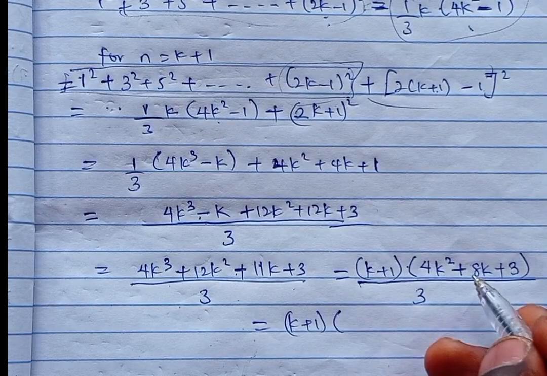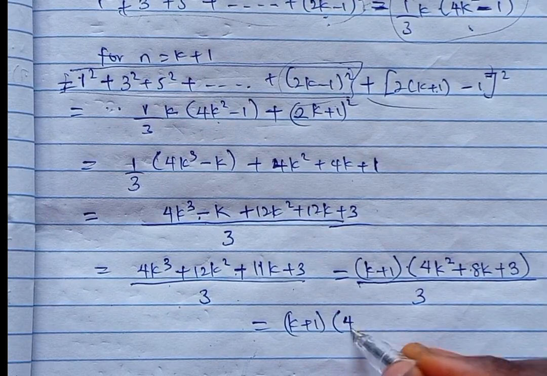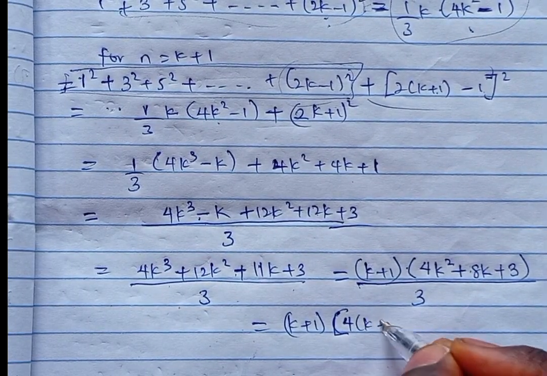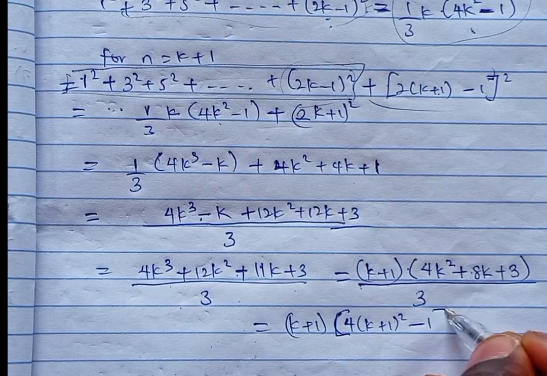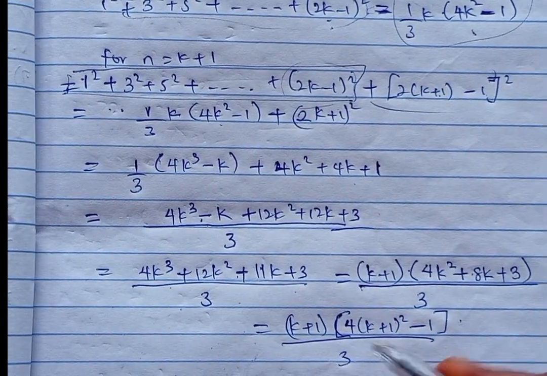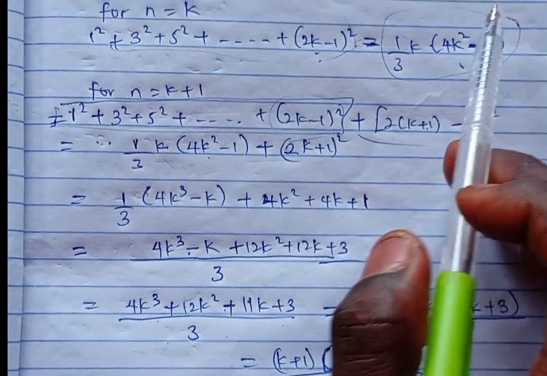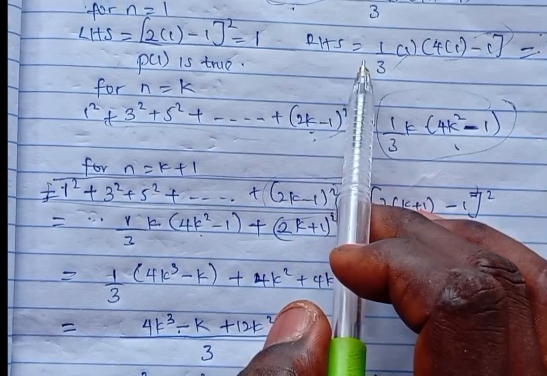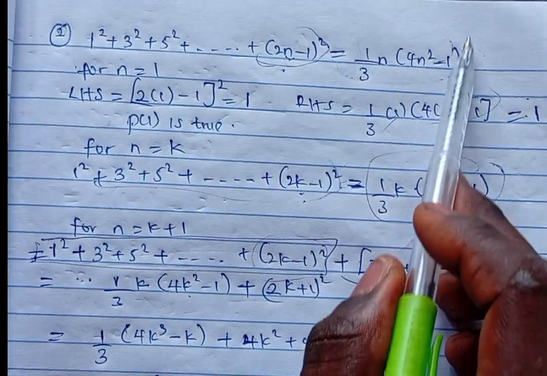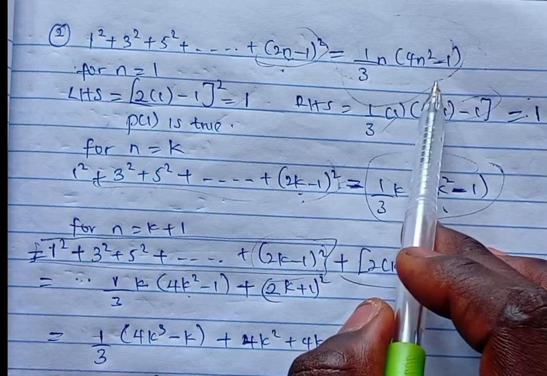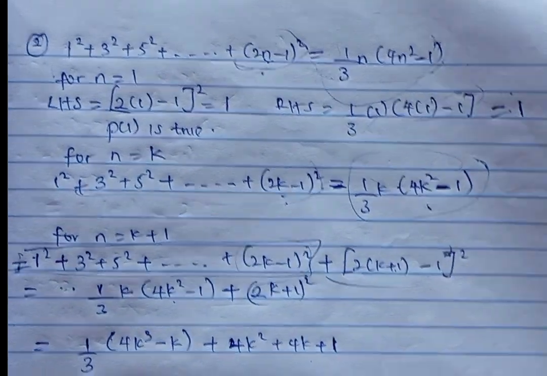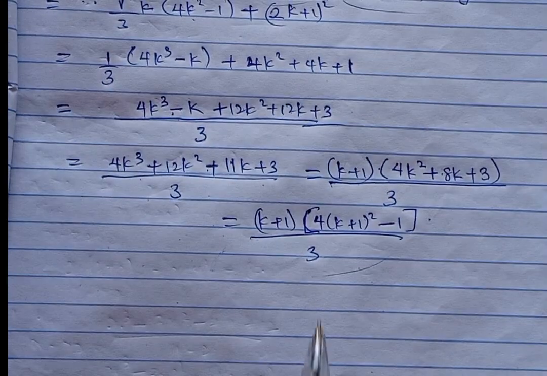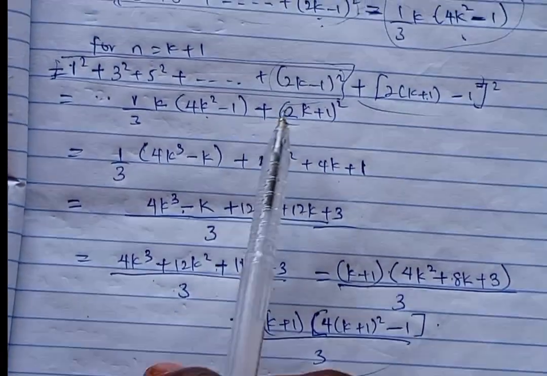I can factorize my 4 out and put k plus 1 all squared minus 1. If you simplify, you will see that this one is the same thing as you putting k plus 1 into this one. So you see that when you put k plus 1, it is the same thing as what you get when you use the second assumption.